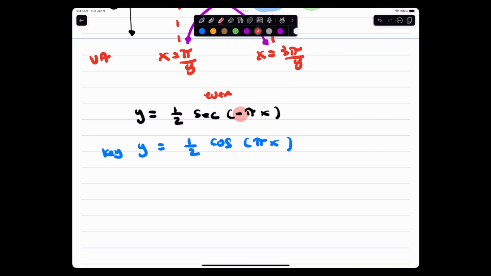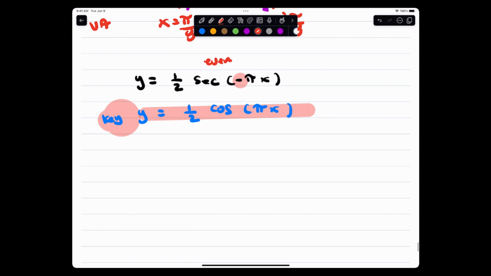Your key is to graph the cosine curve. So you can say, I'm going to go back over here. If you wanted to see those details here, let me erase it.